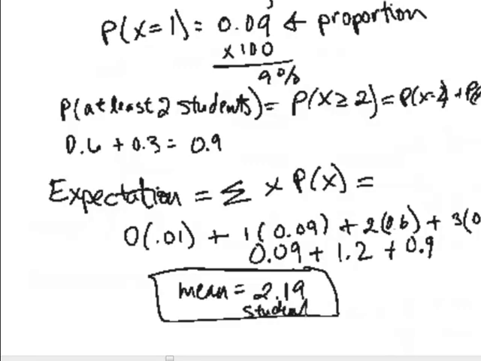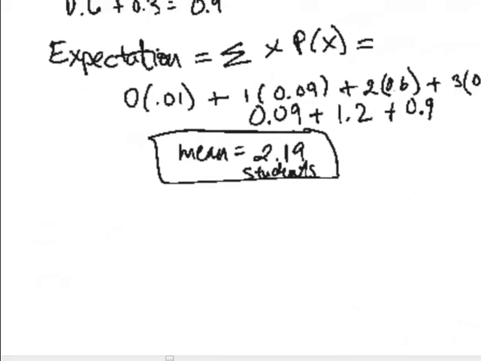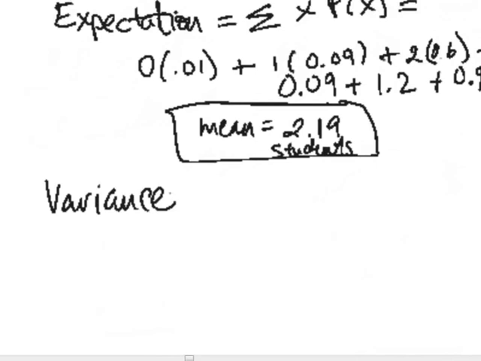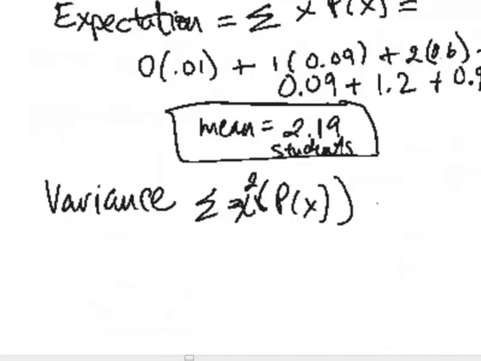You might be asked to find the variance. The variance is basically the measure of spread, how far they deviate from that mean. So the variance has a different formula. The variance is going to be the summation of x squared p of x, and then after you get that answer, you take your expectation that you found, square it, and subtract it from there.